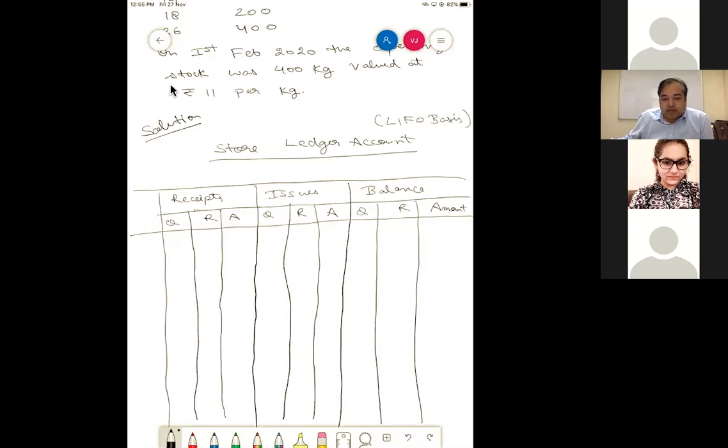So in this question we have date, so you can write down date also over here. In this we will write down rate also, so that we know at what rate we are having balance. For calculation purpose, it is basically last in first out.